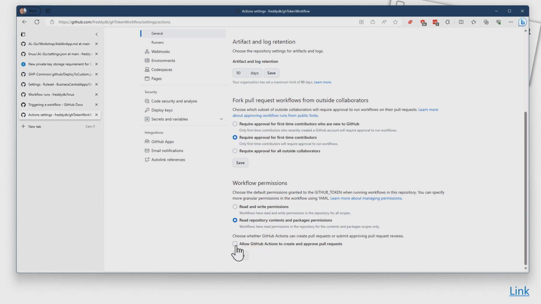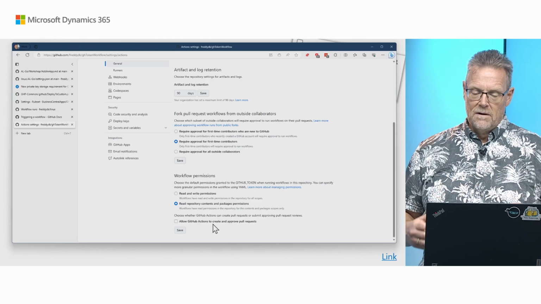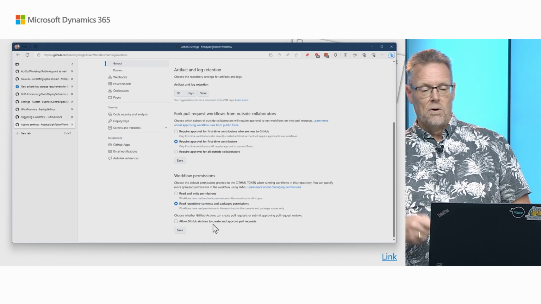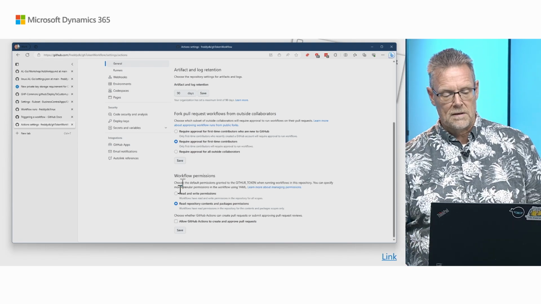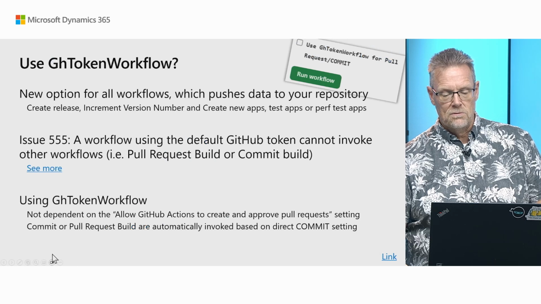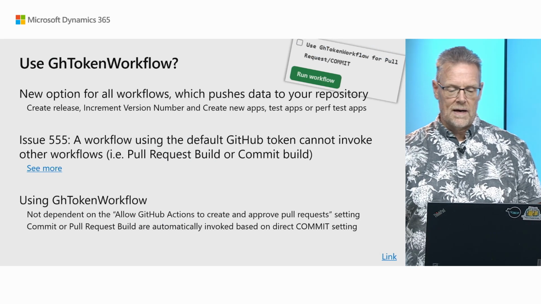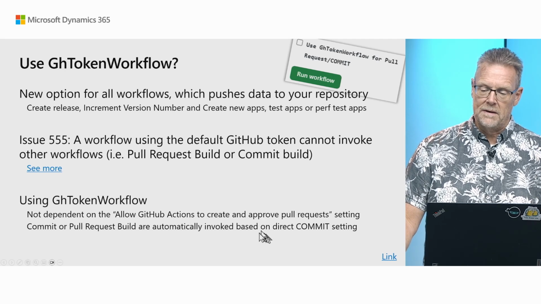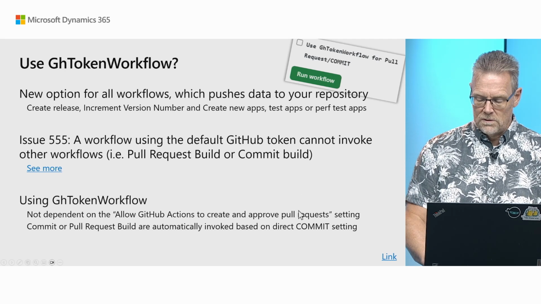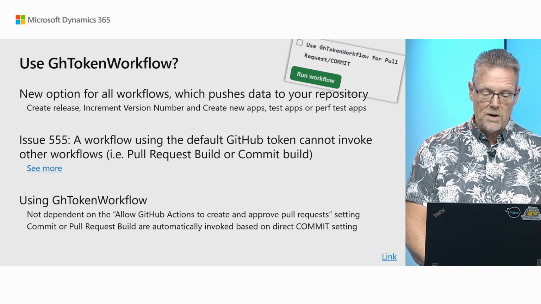I can click this one, and then the GitHub token is allowed to create and approve pull requests, but it's still not spawning a pull request build based on me running that. So it will still just create the pull request, and then when I merge the pull request, it will of course run the build. So the option now is to click that one in order to have GitHub actually run either a commit build or a pull request build based on your changes to the repository.